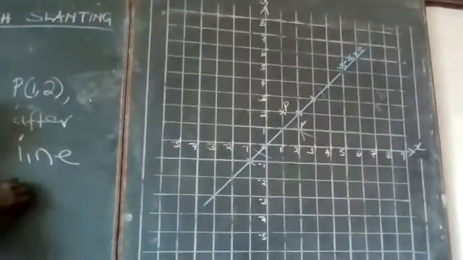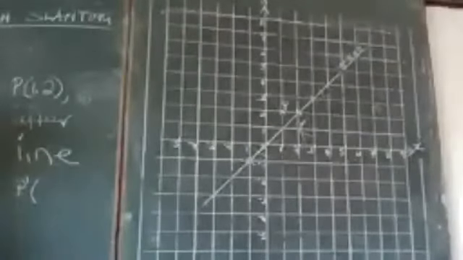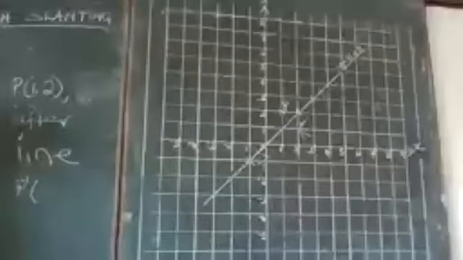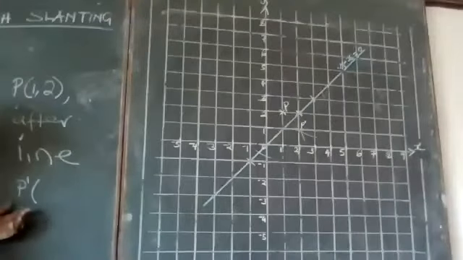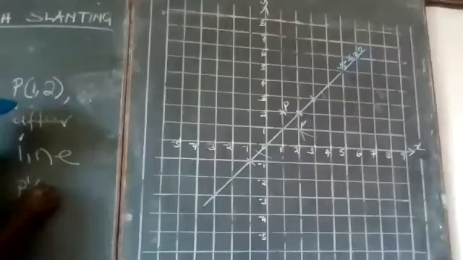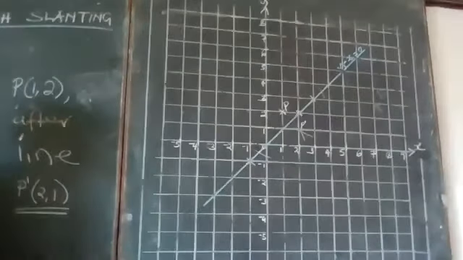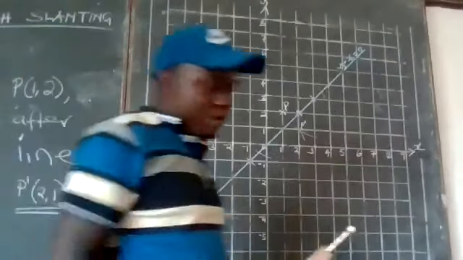What are the coordinates of P complement? Zawad, unmute and submit. 2 and 1. Very good. So that is the image of P, and we are calling it P complement.